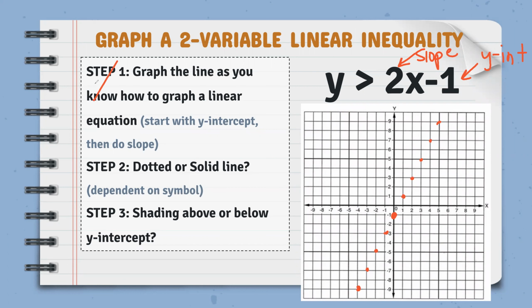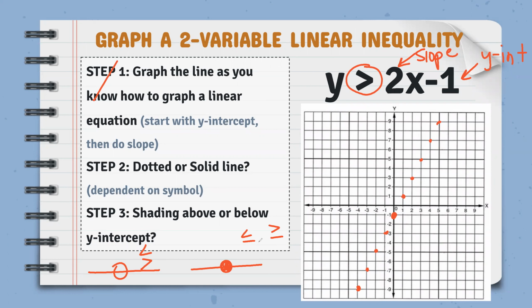Step 2, this is something new that we have to consider. Is it a dotted or a solid line? It depends on the symbol that we have. Just like when we were graphing on a number line and we had an open circle for less than or greater than and a closed circle for less than or equal to or greater than or equal to, we're going to have the same thing with this inequality, except now we're looking at the line.